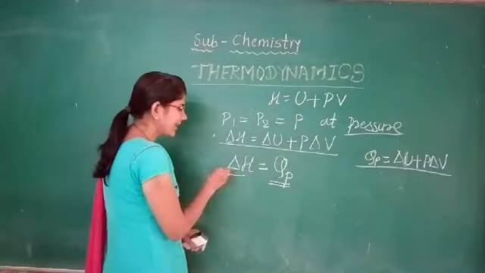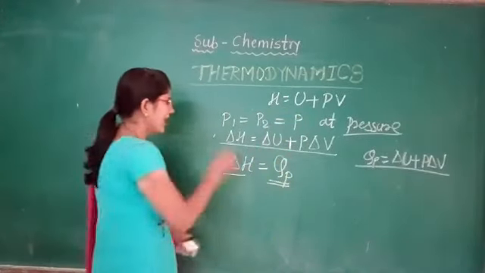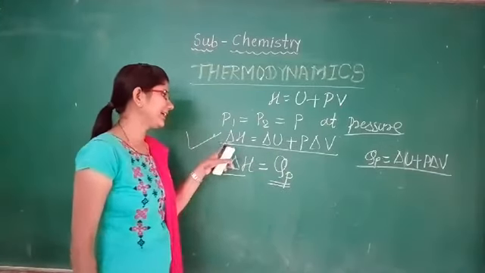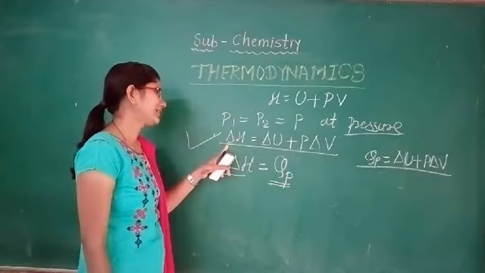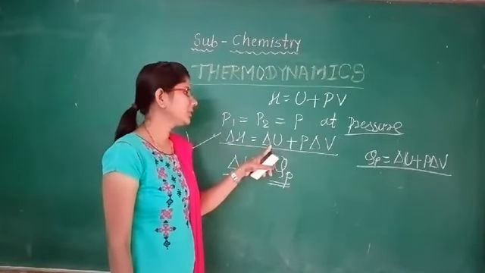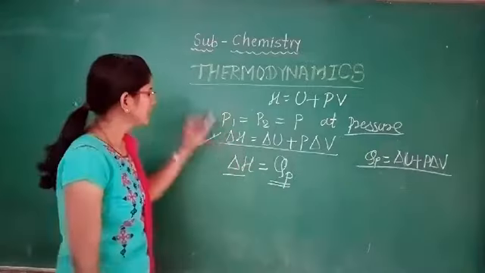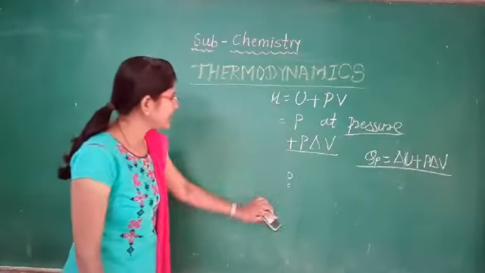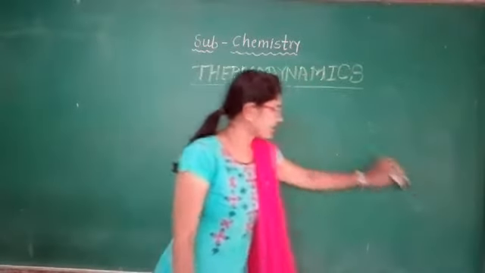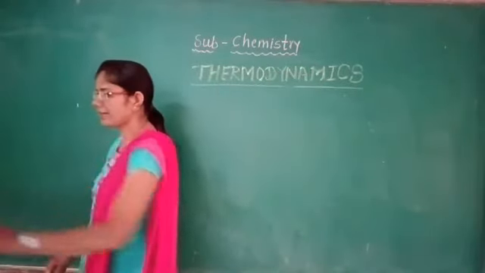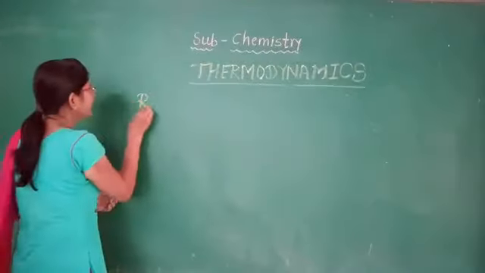So here delta H is equal to QP, only at constant pressure, and this is the expression of delta H and delta U for the system: delta H equals delta U plus P delta V. So next we have to relate delta H and delta U in various steps.